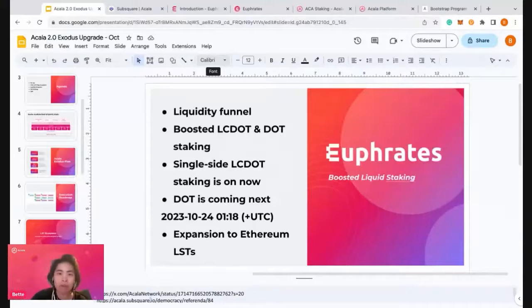But at the same time, it will be a disaster if all of the DOT is just staked directly into the protocol rather than going through a liquid staking form like LDOT or TDOT or other LSTs, because then there's no liquid DOT in the market to facilitate trading for various different markets, like derivative markets, and also various different products to build on top of them.